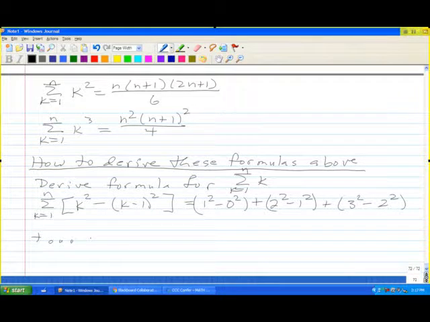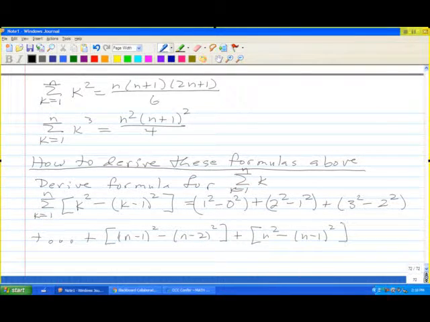Keep going. Let's do the k minus 1 term: (k minus 1) squared minus (k minus 2) squared. Let's do the last term, the nth term: n squared minus (n minus 1) squared.